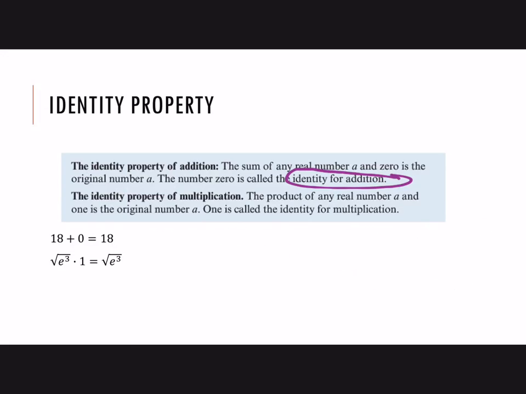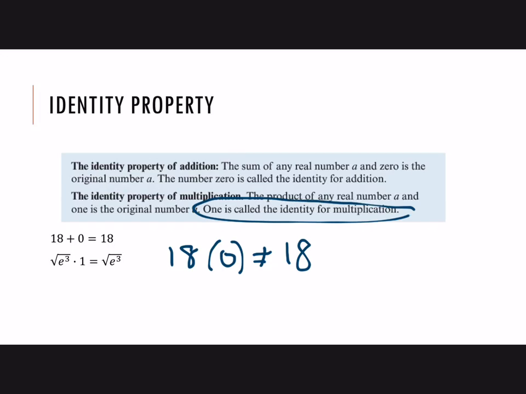Now, we have an identity property for multiplication, but we have a different identity. For example, if I did 18 times 0, that's not still 18. So 0 is not the identity for multiplication. 1 is the identity for multiplication. 1 is the thing that you can multiply by any real number without changing its value.